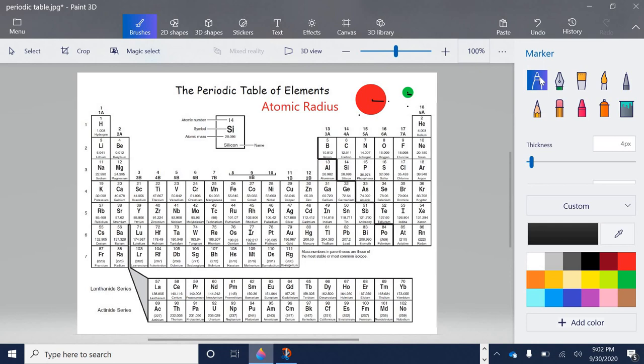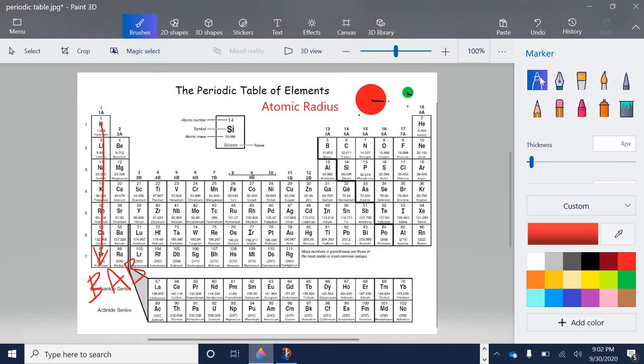Okay, so the radius for an atom is, again, the distance from the nucleus, the center of that atom, to the highest energy level. Atomic radius increases as we go down the periodic table. We also say BAB, or bigger atoms, at the bottom to help us remember that.